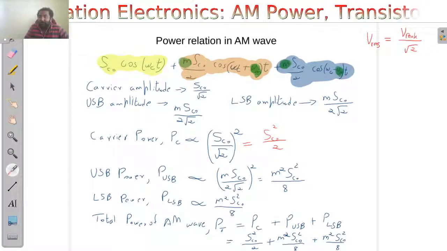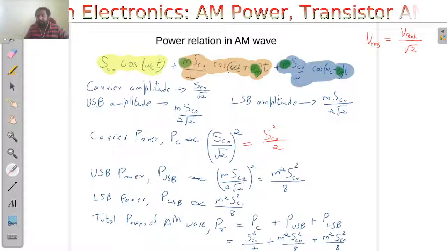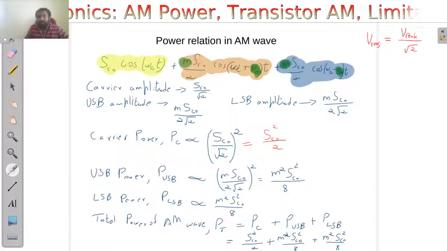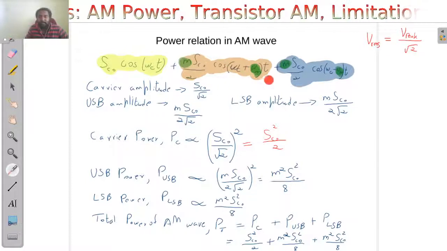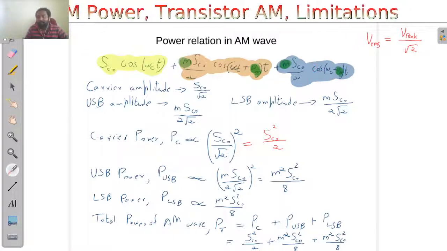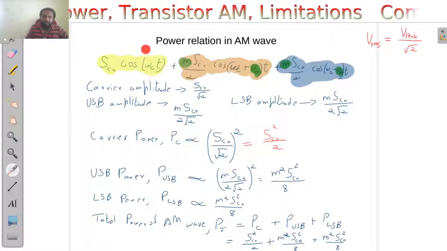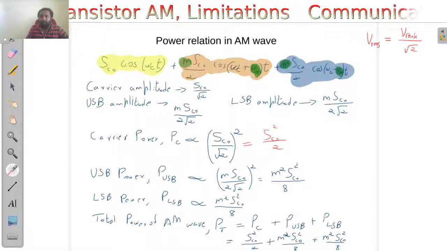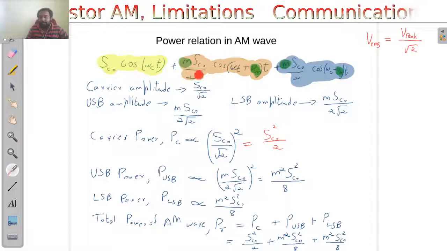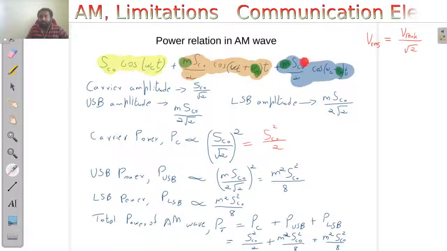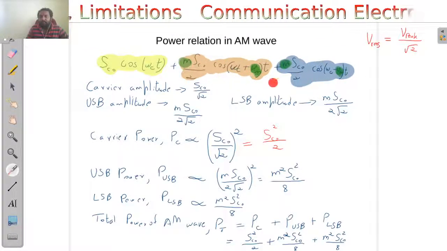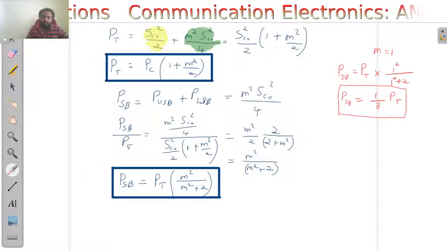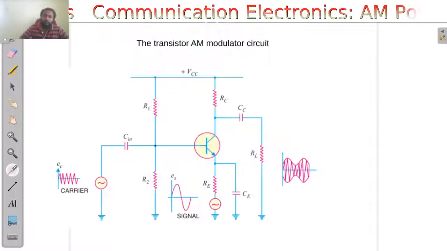And that is not practically possible, which means the power inside the sidebands is actually less than 1/3. So the entire power is being taken up by the carrier side of the amplitude modulated wave, and the power values inside these two components are much smaller. So that is one drawback of amplitude modulation.